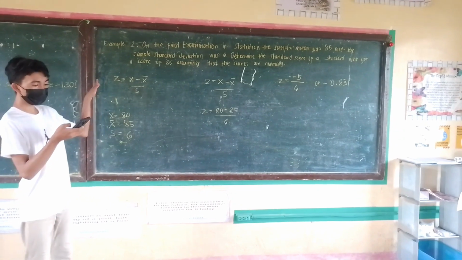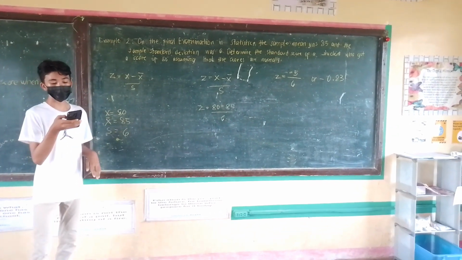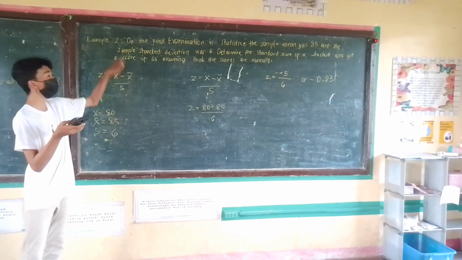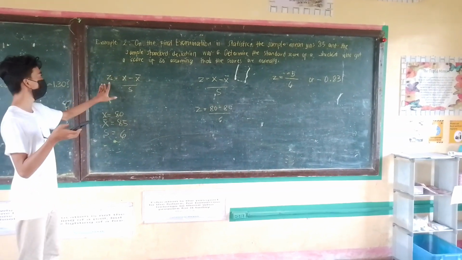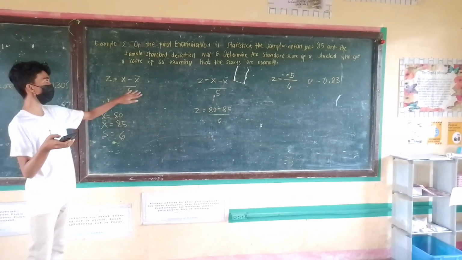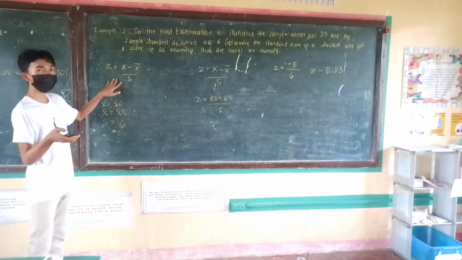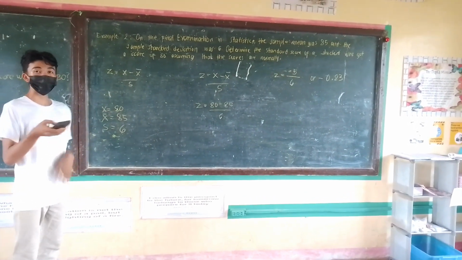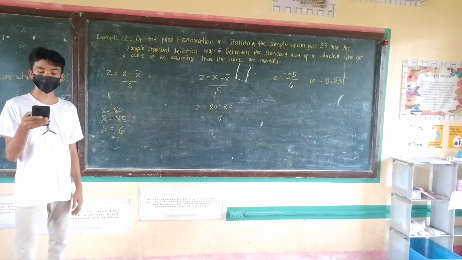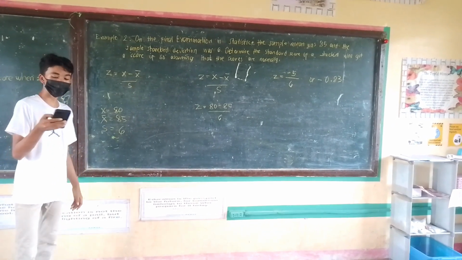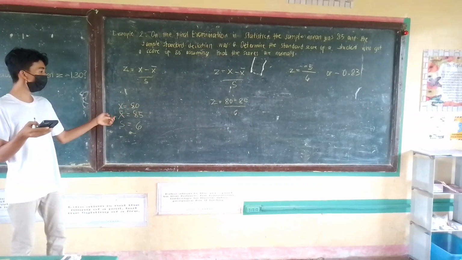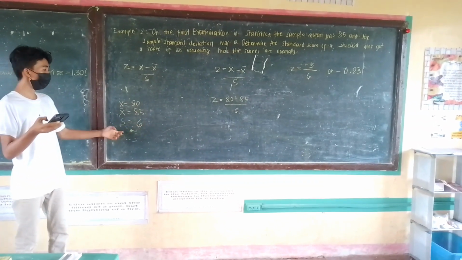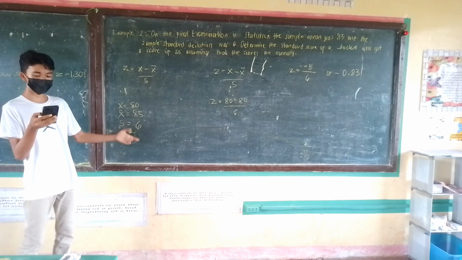Use the z-score formula for sample data as indicated in the problem. So Z is equal to X minus X bar over S. The next step is to write the given values, which is X equal to 80, X bar equal to 85, and S equal to 6.